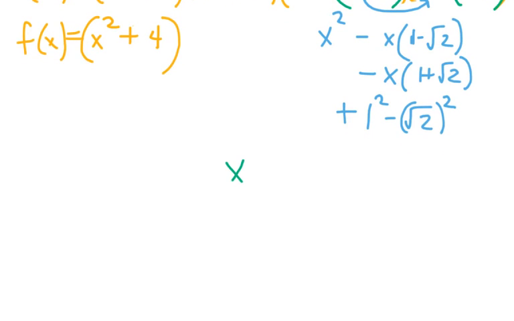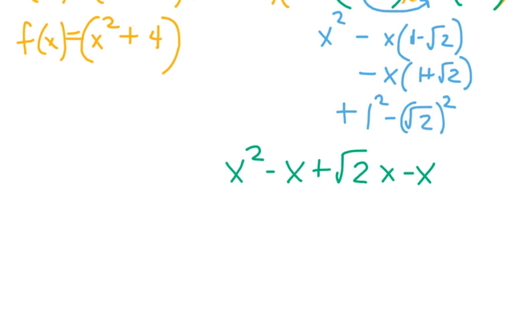Okay, so let's move down to show what that looks like. I have x squared minus x, so let's distribute the x. Minus x plus root 2 x, because the x comes after that. I'm distributing the x.